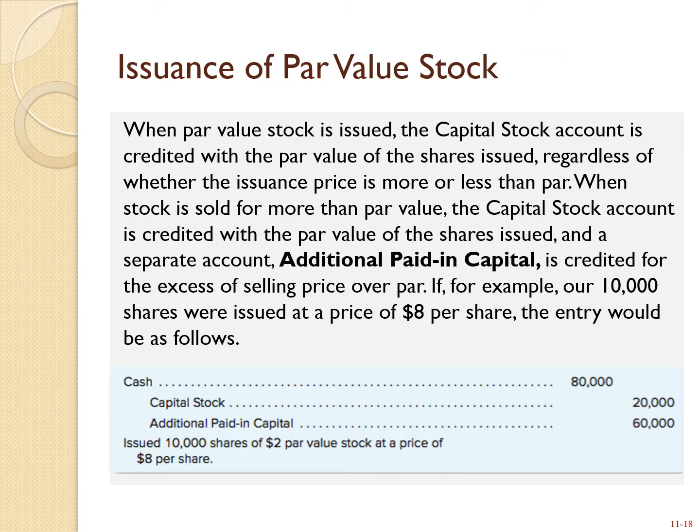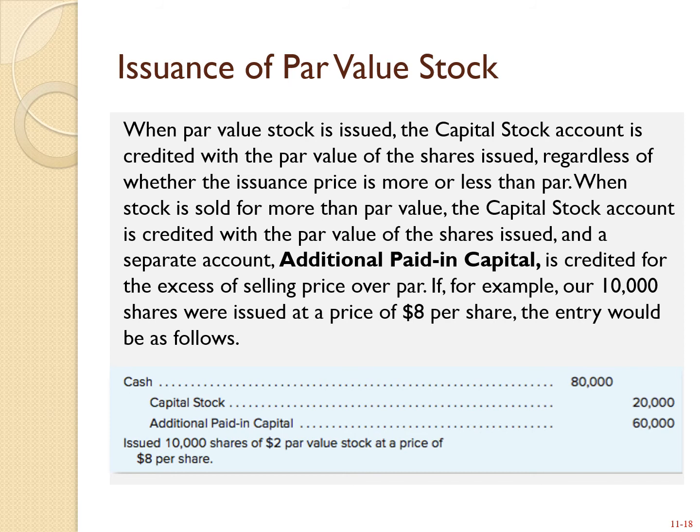Now, we'll start with the accounting side of the chapter. The example says, when par value stock is issued, the capital stock account is credited. Of course, we know that capital stock, or owner's equity in general, increases by credit.